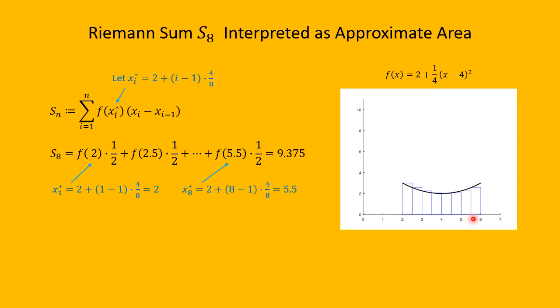And you're multiplying that by the base of that last eighth rectangle. And so we see how this one was found, how this one was found. All the ones in between are found similarly.